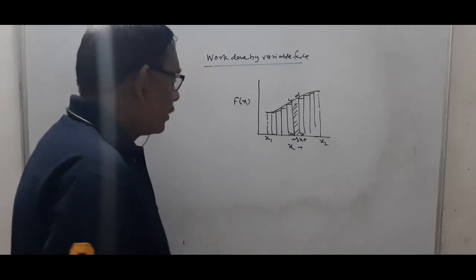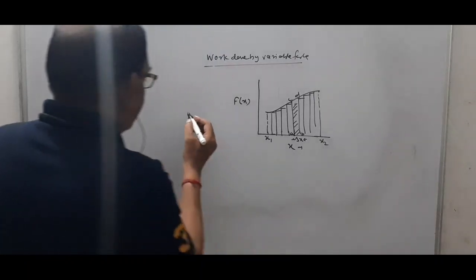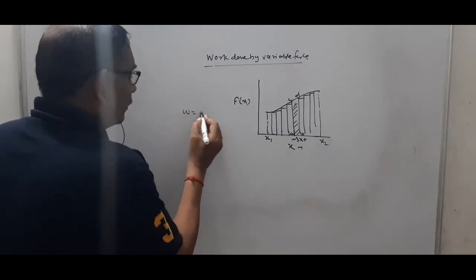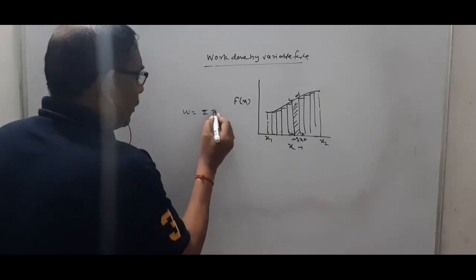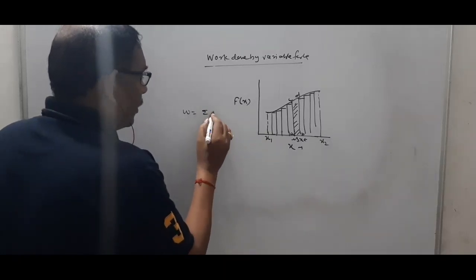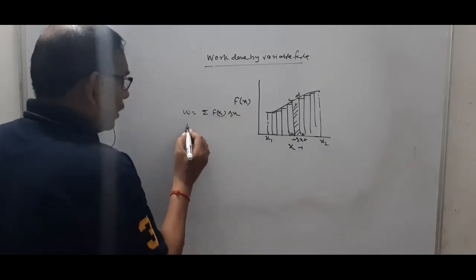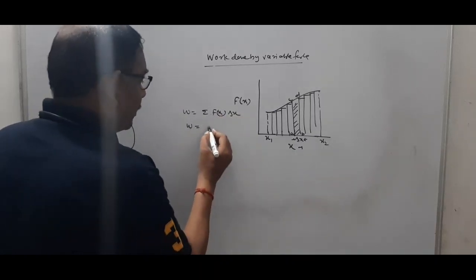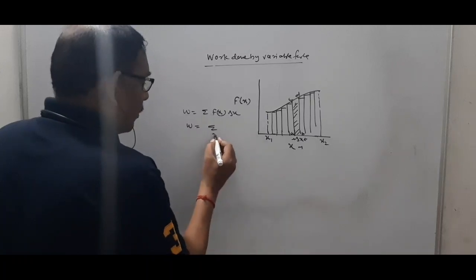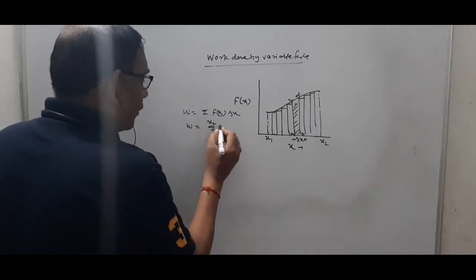So what is the total work done? W is equal to the summation of Fx delta x, by taking the limit from x1 to x2.